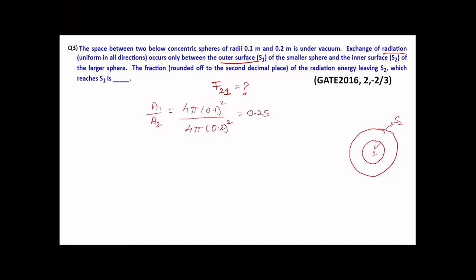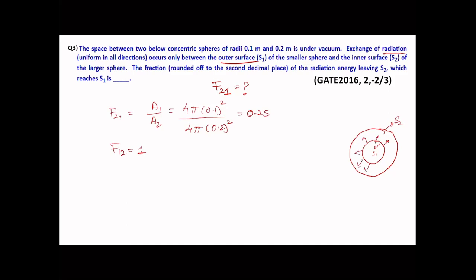Again, you cannot directly reach this particular conclusion where F21 is equal to A1 by A2. You obviously have to start from the point where first you appreciate that F12 has to be equal to 1. All the radiation that is leaving surface 1 is going to reach surface 2.